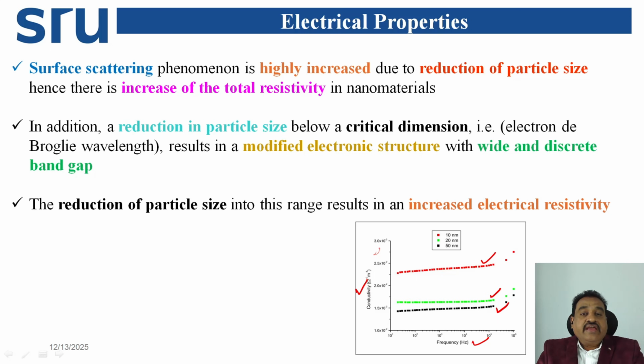In addition, a reduction in particle size below a critical dimension, that is, the electron de Broglie wavelength, results in a modified electronic structure with a wide and discrete band gap. The reduction of particle size into this range results in an increased electrical resistivity.